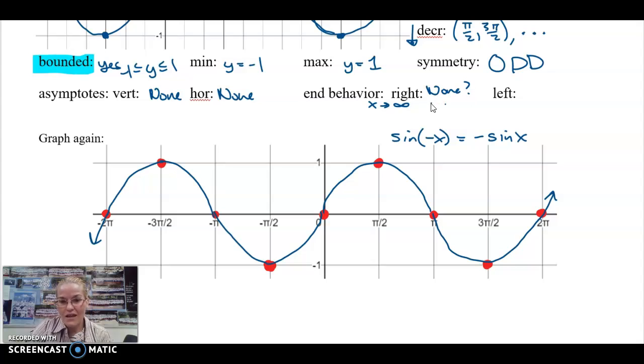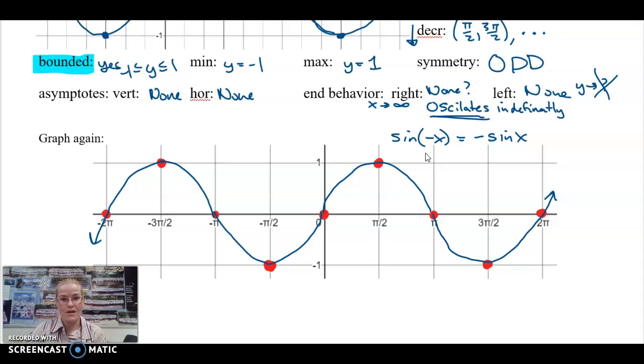I'd rather say oscillates indefinitely, or oscillates infinitely. It oscillates forever. So again, the left side, technically there's no left end behavior in terms of y doesn't approach anything. There's nothing that y approaches. It's continually oscillating. All right.